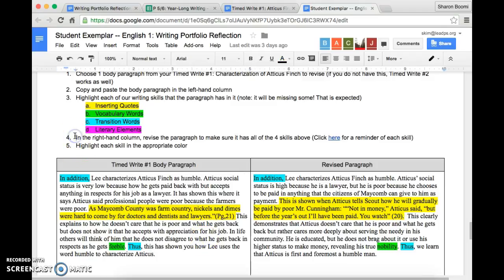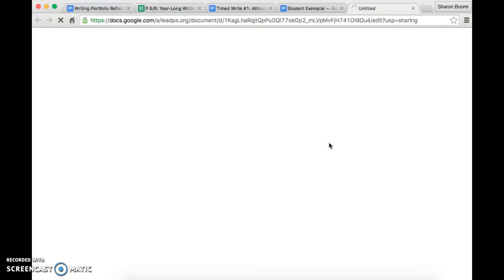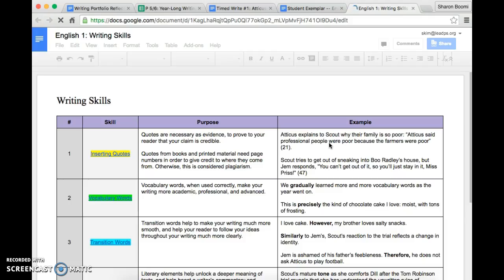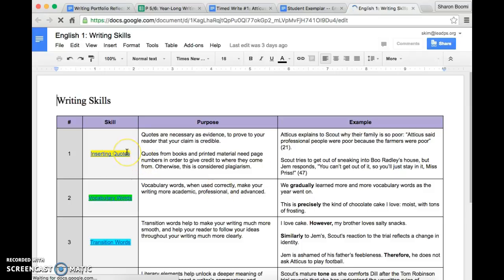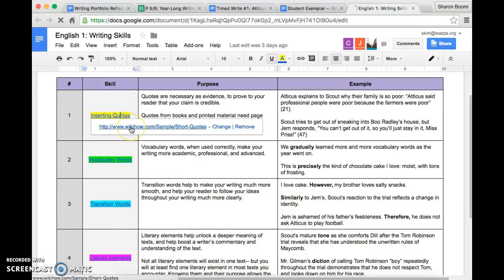We're moving on to step number 4. In the right-hand column, you're going to revise the paragraph to make sure it has all 4 of the skills above. If you're forgetting what the writing skills are, what these 4 look like, the writing skills document is also linked for you here. If you're forgetting what it looks like to insert quotes, you can click on this link, learn how to insert quotes again.